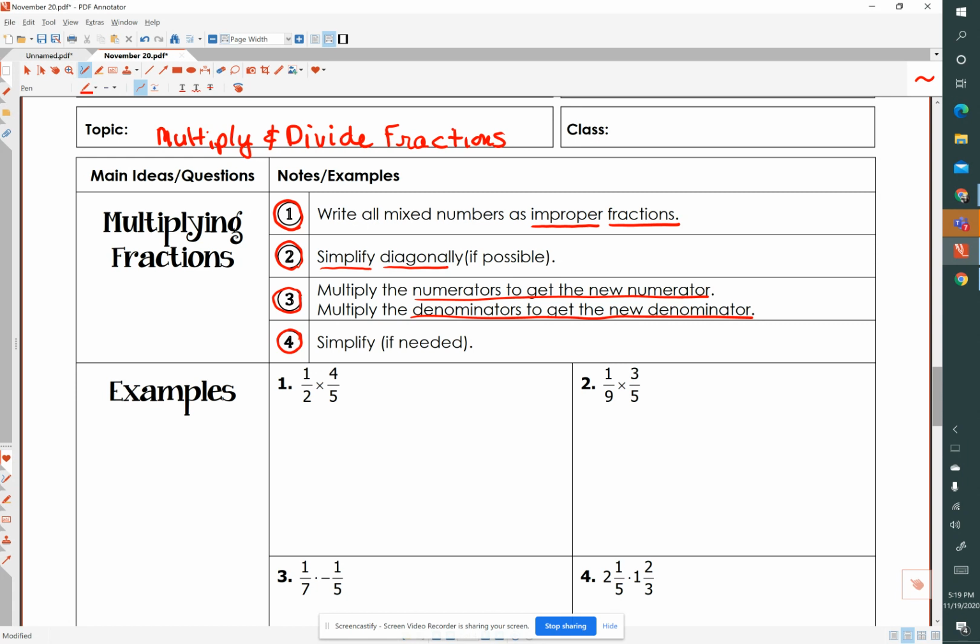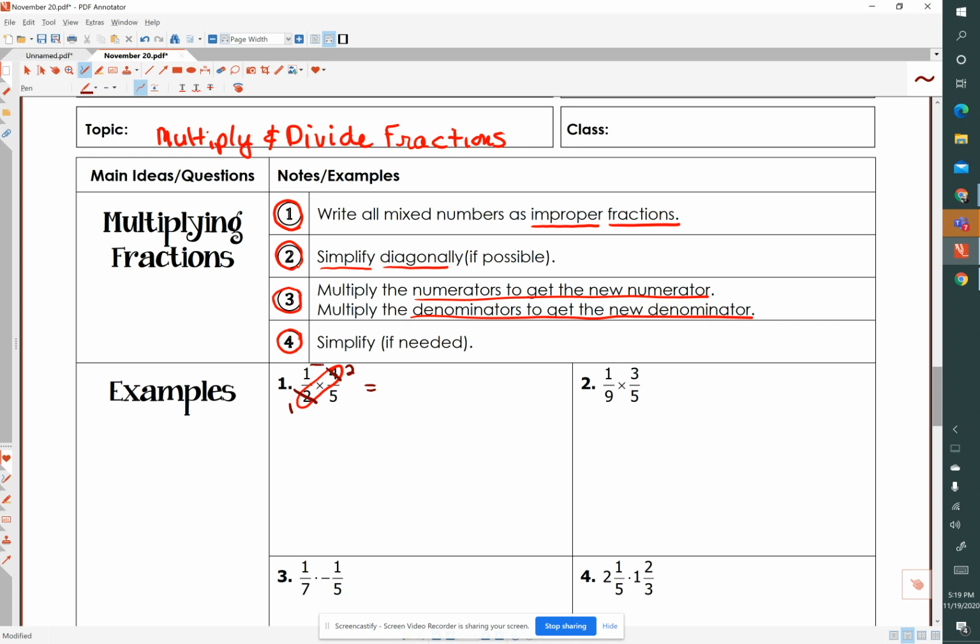So we can look and see, is there anything we can simplify here? This is our simplifying diagonally. I see the 2 and the 4, and both of those are multiples of 2. 2 is a factor of itself and of 4. So 2 divided by 2 is 1, and 4 divided by 2 is 2.